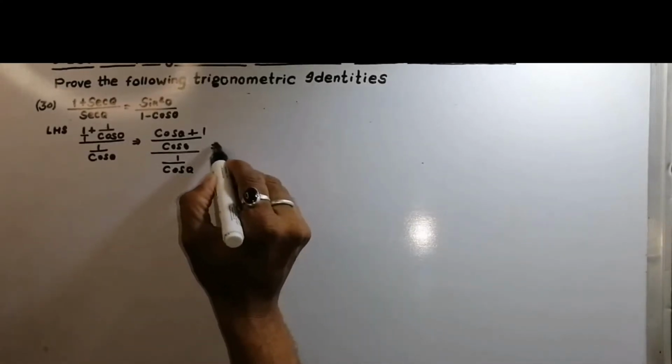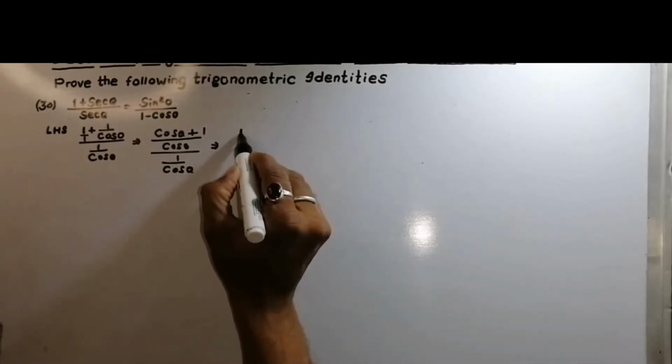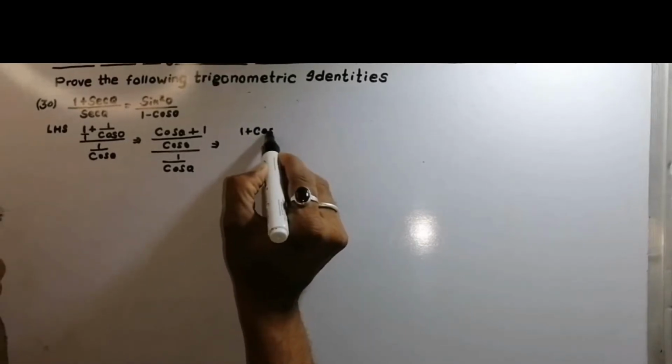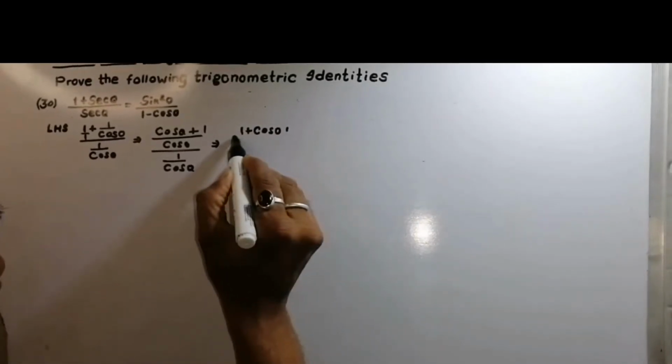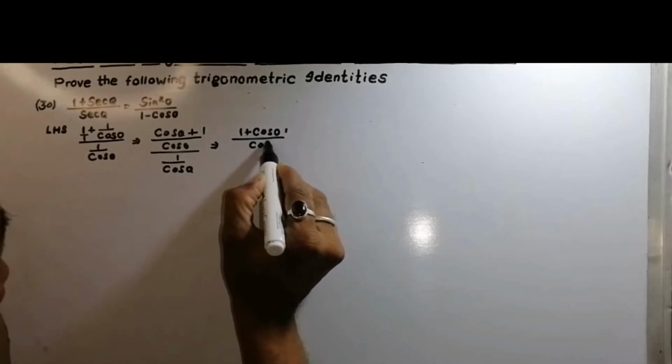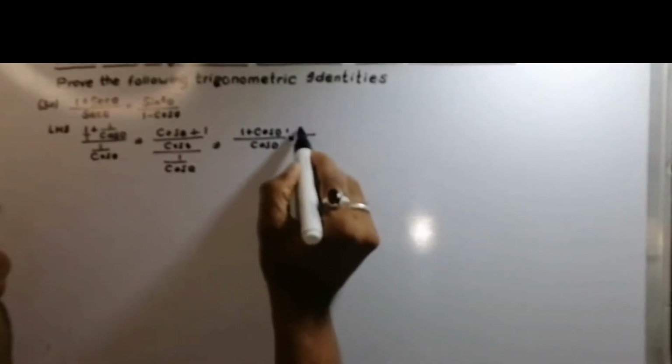We can arrange it as 1 plus cos theta by cos theta, and this 1 upon cos theta.